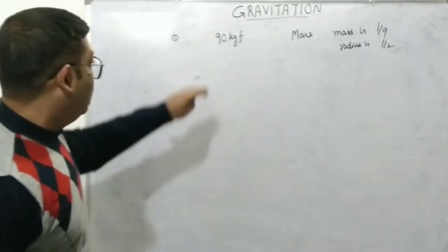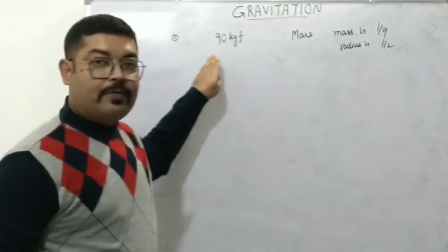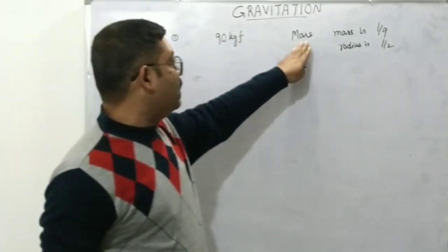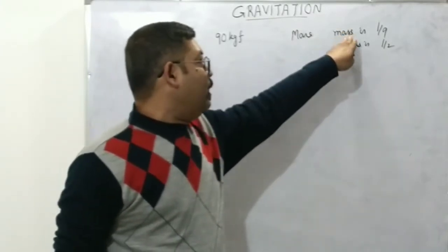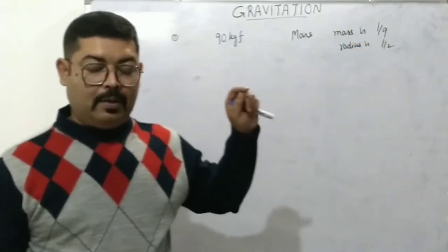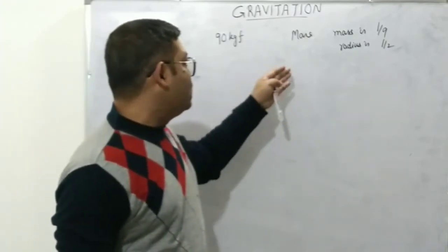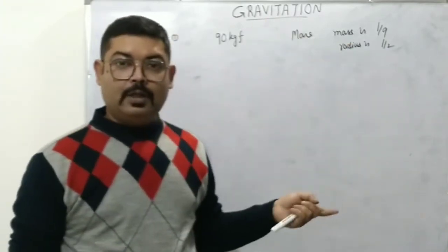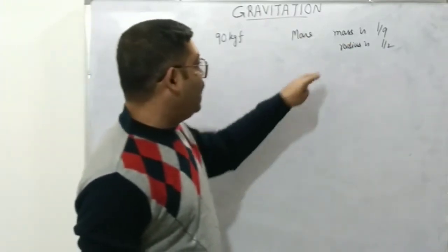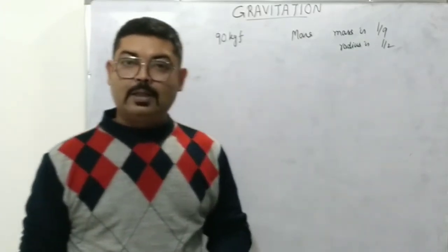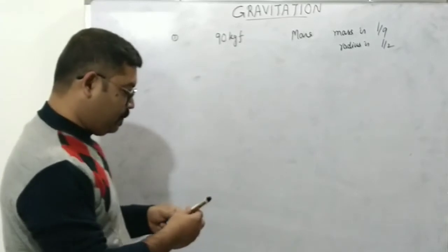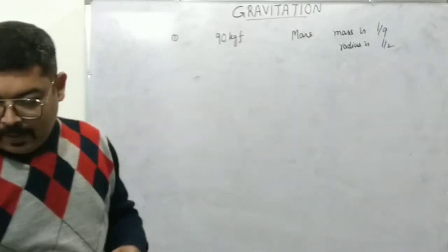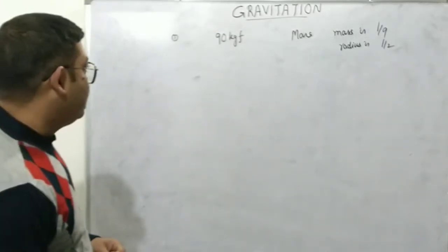So the weight of an object on the Earth's surface is given. We want to find the weight of the same object on the Mars surface, where the mass of Mars is 1/9 times the mass of Earth, and the radius of Mars is half the radius of Earth. So clearly weight will be given by mg, right?